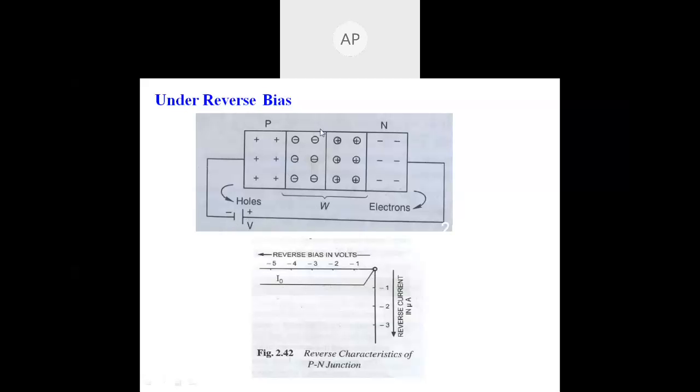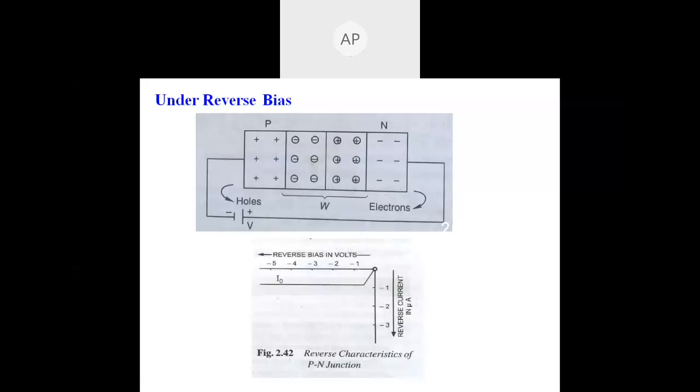But if we zoom in, it will look like this, and this current is generally in microamperes. If we further extend this voltage, greater than the barrier potential, then the barrier will break and current will flow. But for that case, there will be the minority carriers.